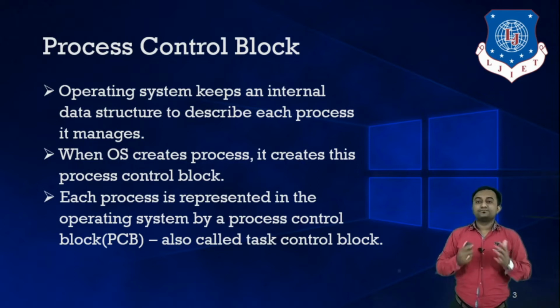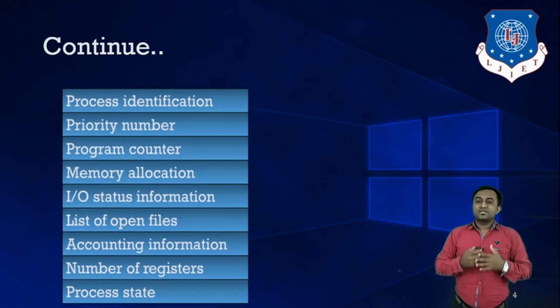Now, once we understood what is process control block and its significance, let us discuss what process control block contains. The process control block will have one structure once it is created, meaning it contains many fields within it.